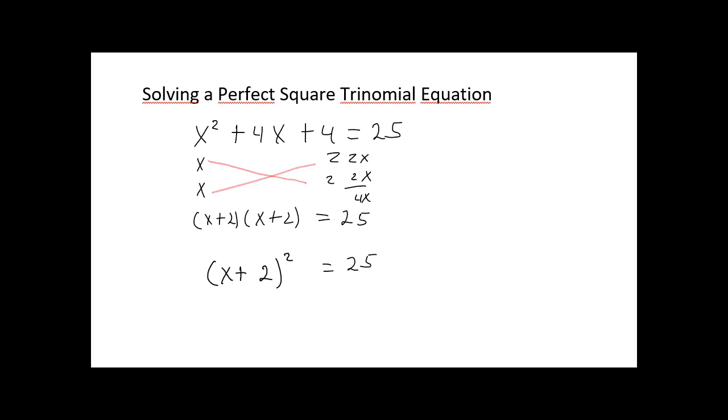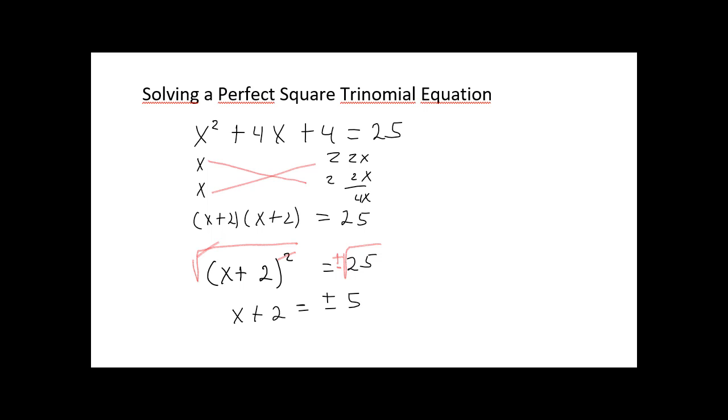Again, I need to cancel the second power. Well, we're going to use the square root on both sides. Just remember, I'm going to have a positive and negative answer. I can cancel the square root with the second power and have x plus 2 equals plus or minus, and the square root of 25 is 5.